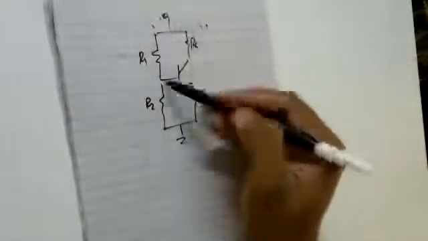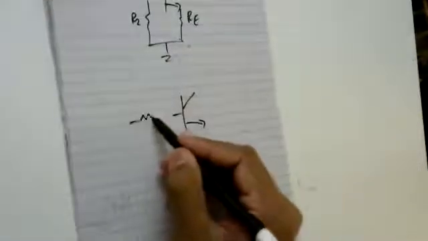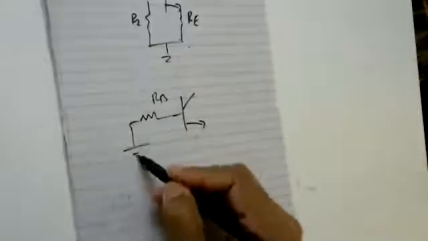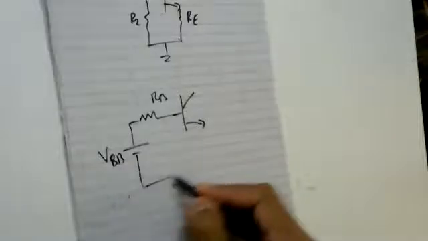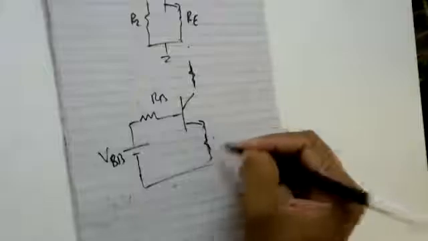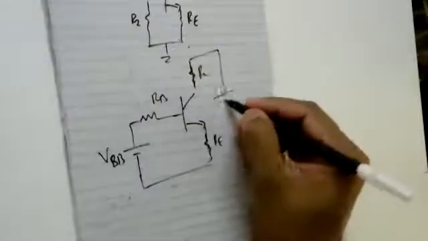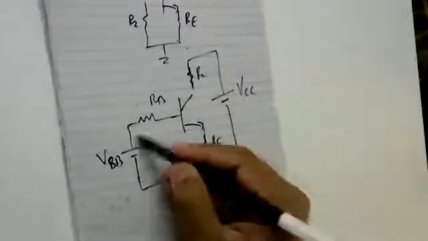If I want to draw this circuit separately, I'll have a base resistance RB and a voltage source which I'm going to call VBB. Then I'll have my RC and RE, and one more voltage source, which I'll call VCC.